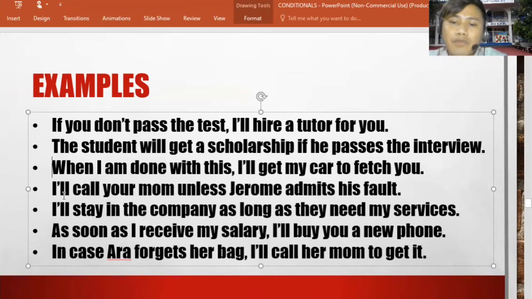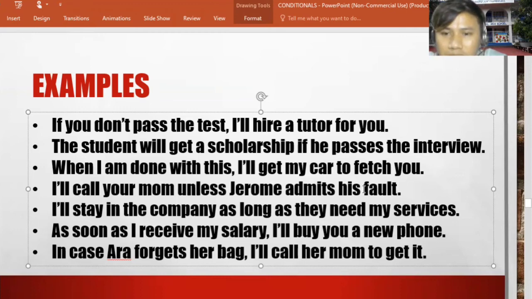So in our fourth example, I will call your mom, or I'll call your mom unless. Okay, so these are the markers that we have to note. We have used here the conjunction unless, Jerome admits his fault.